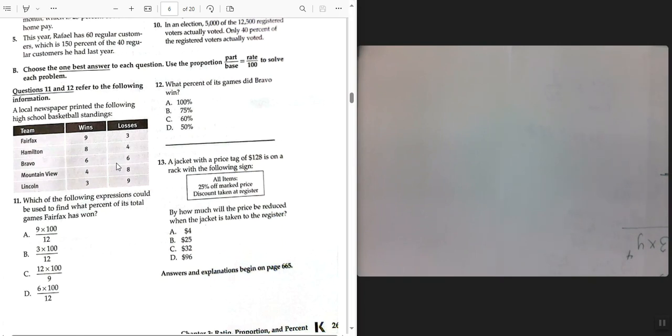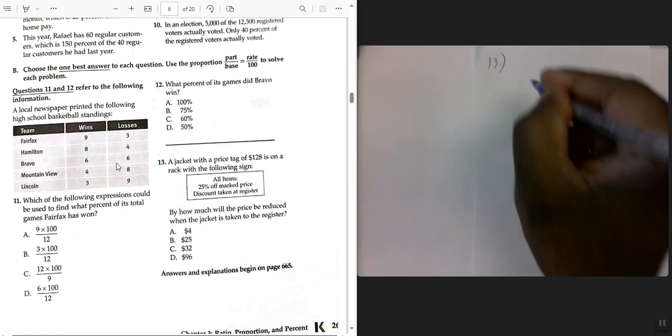So we have 13. It says a jacket with the price tag of $128 is on a rack with the following sign. All items 25% off mark price. Discount taken at register. By how much will the price be reduced when the jacket is taken to the register? So this is what we would do. Okay, the price tag is $128.